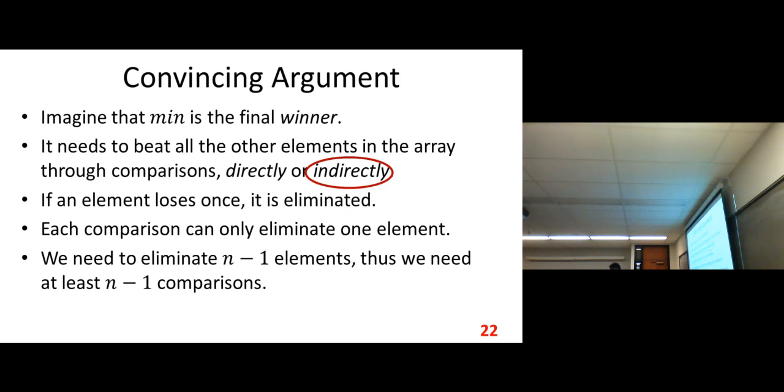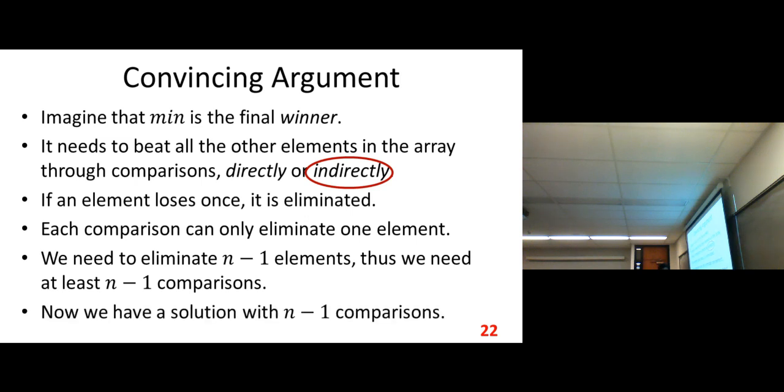At least, no exception. That means if we can reach this number, it's optimal. Our solution has this performance, so our solution is optimal. That's the convincing argument.